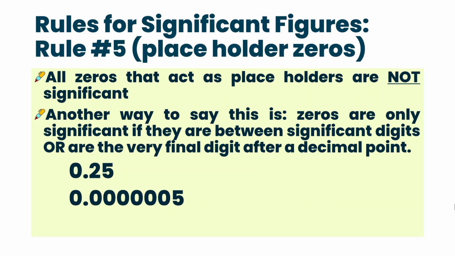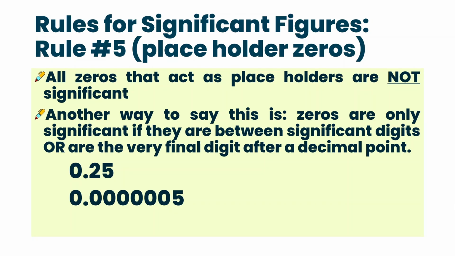Okay, how about placeholder zeros? The zero that comes before a decimal point. All zeros that act as placeholders are not significant. Another way to say this: zeros are only significant if they are between significant digits or the very final digit after a decimal point. So in 0.25, there are only two significant figures, because the 0 here is just a placeholder.